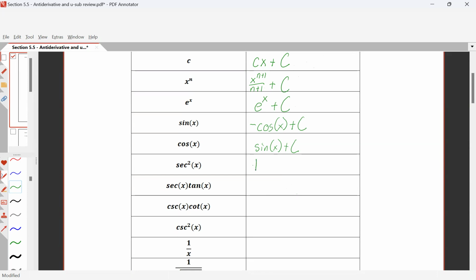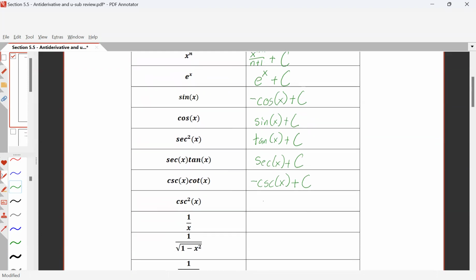So we know the derivative of tangent is secant squared. We know the derivative of secant is secant tangent. We know the derivative of cosecant is negative cosecant cotangent.